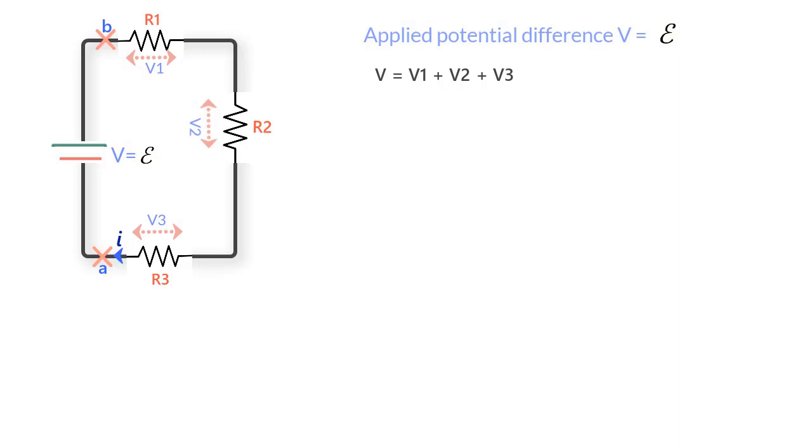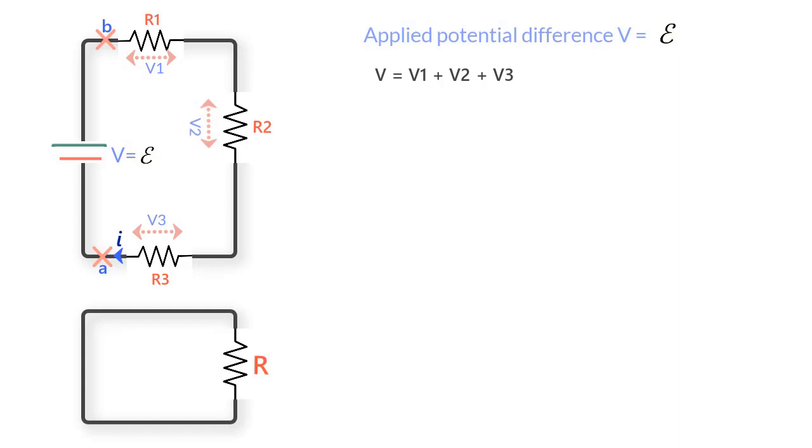Now, what if we are asked to find the value of a single resistor equivalent to these three resistors such that the potential difference across it is V and current is I? Well, we can find the equivalent resistance R by applying the loop rule to both the circuits.